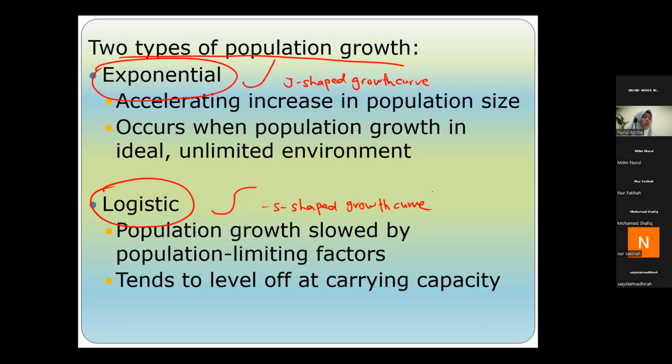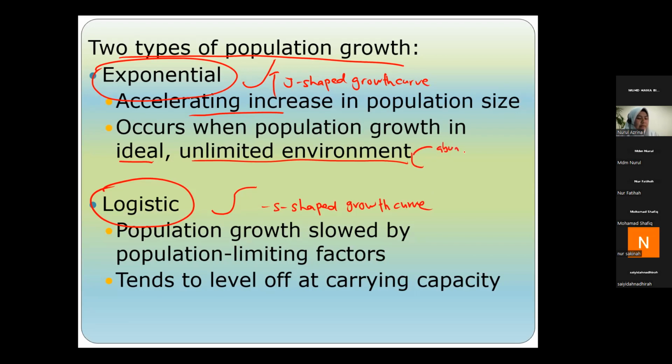Okay, right. So what is explained by the exponential growth curve? The exponential growth curve shows an accelerating increase in the population size. You can see from this picture itself that the curve increases exponentially into a J shape, right? This kind of growth of a population happens in an ideal, unlimited environment. Apa maksud unlimited environment in this case?